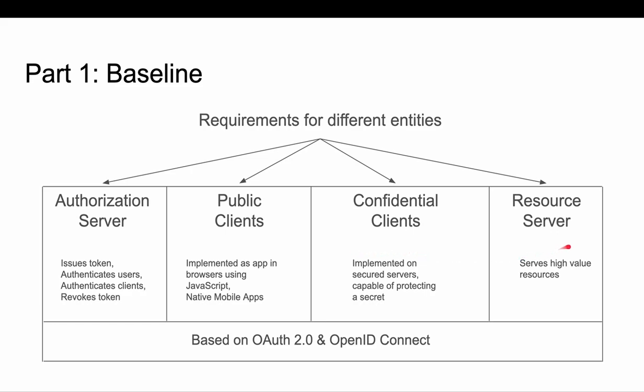And last but not least, resource servers. In this case, those would be APIs of a bank, for example, or an insurance. And the spec has a few requirements in regards to validations, how incoming requests should be validated. And all of this is built on top of OAuth 2 and OpenID Connect.